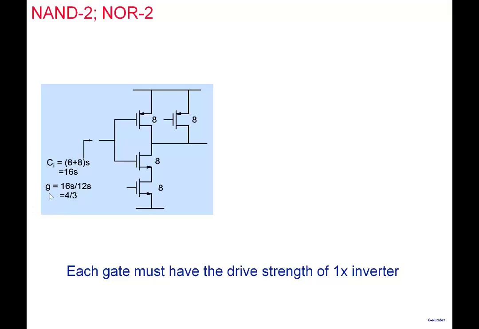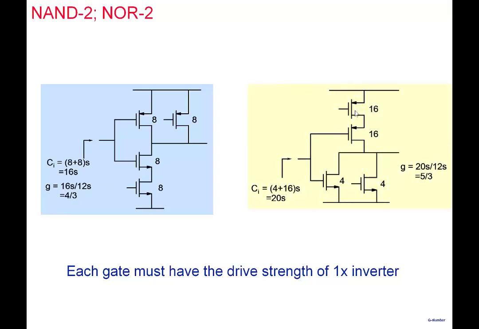For every gate you can calculate the G value. Look at this NAND gate here. This is 4 and 4, and you'll size the other devices as 16 and 16 to maintain the same drive strength as a 1x inverter. So input capacitance is 4 plus 16, 20. And so G is 20 by 12, 5 by 3.